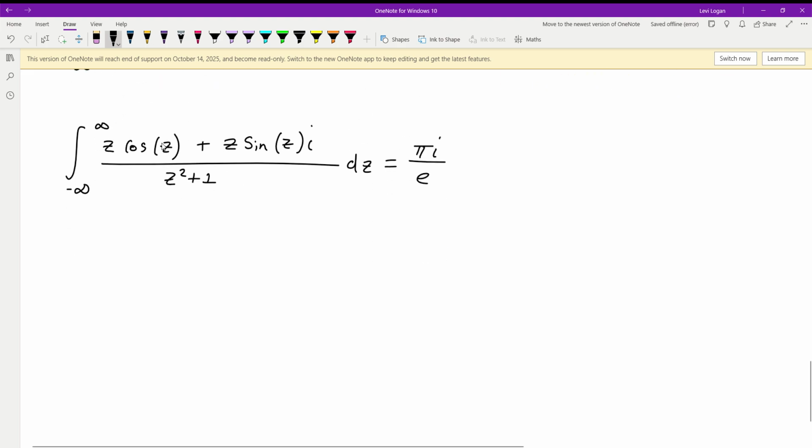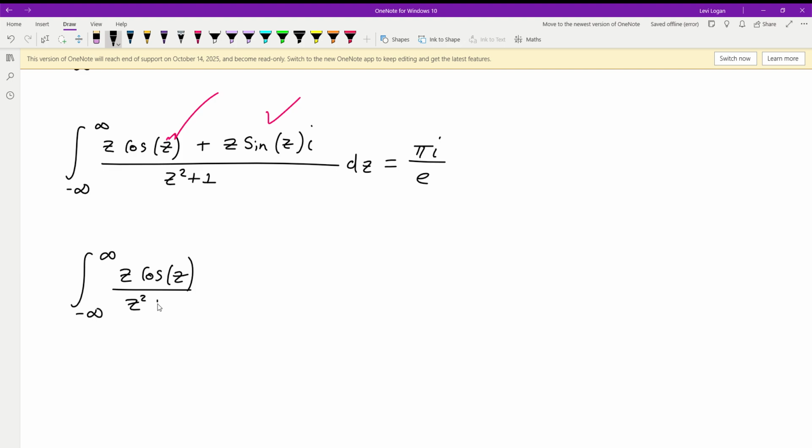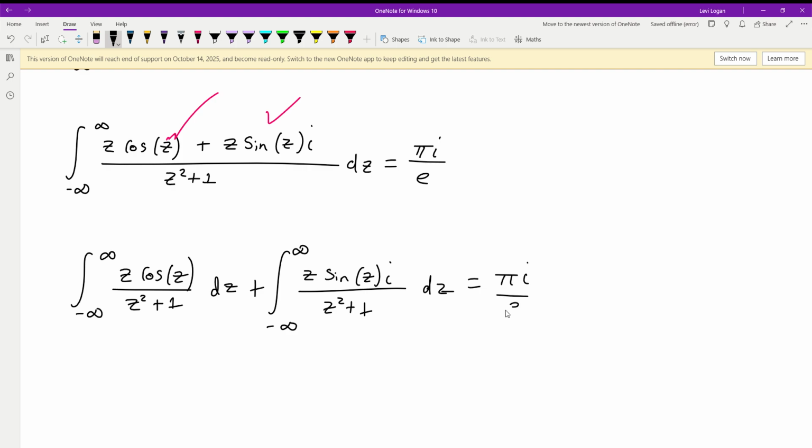We are going to split this guy into two separate integrals because there's an addition there. So we have the integral between negative infinity and infinity of z cos z over z squared plus 1 dz plus the integral from negative infinity to infinity of z times sin z times i over z squared plus 1 dz equals pi i over e.